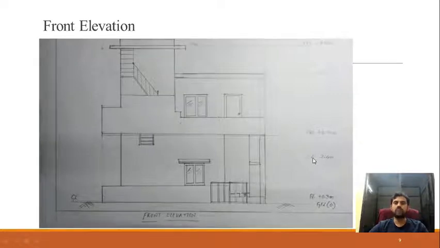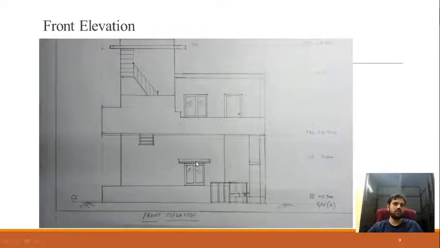This is the lintel level, this is the first floor level, the first roof level, the second roof level and the third roof level. The maximum height of the building is about 7.5 meters. Then you can indicate the thickness of the chajja: here it is 50 mm and here it is 150 mm. This is the chajja we have provided.